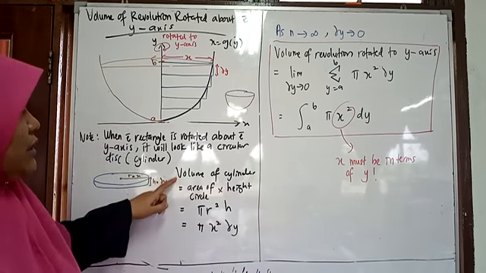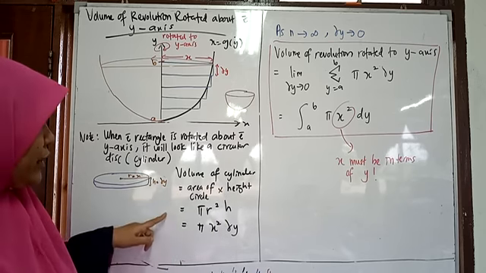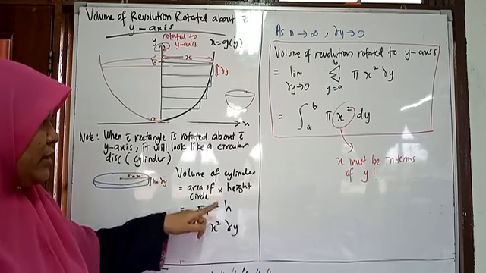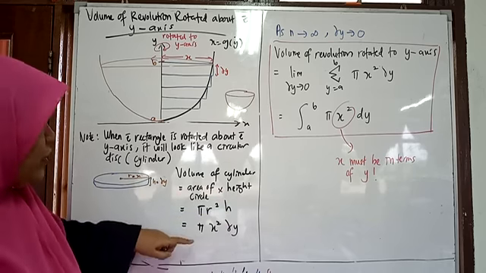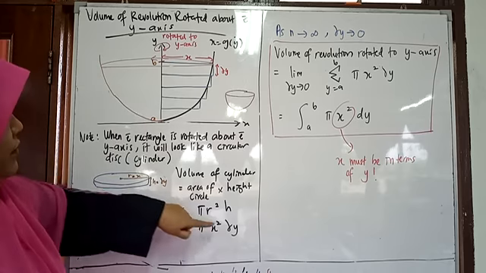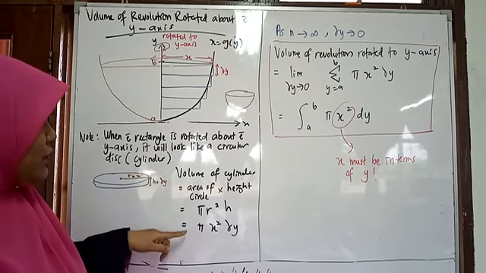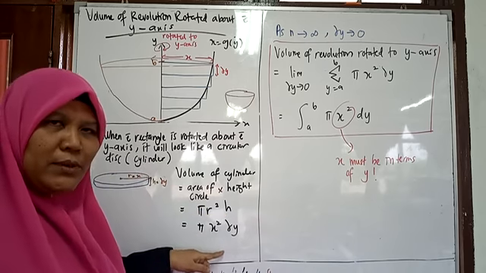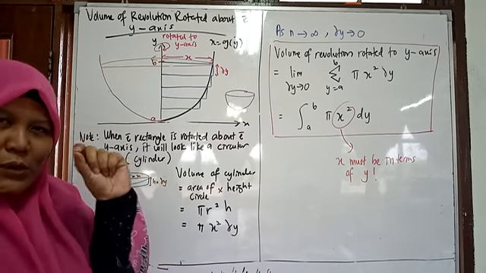So volume of cylinder comes from area of circle times height. Our area of circle is pi r squared times height, so the volume will be pi r squared h. If we substitute this information, volume of cylinder is actually pi x squared delta y. That's just one circular disc.